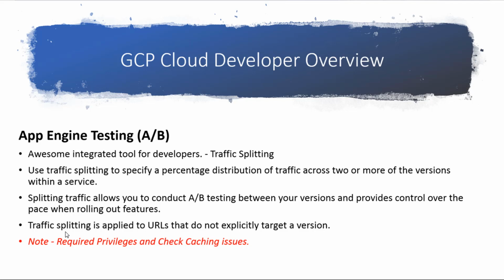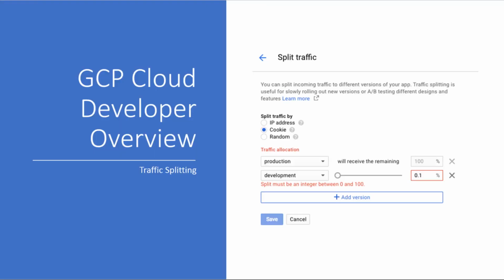Traffic splitting is applied to the URLs that do not explicitly target a version. One of the things to be aware of is that you need to have required privileges for this. And you want to look at the caching issues that can come out of this. This is how we could, again, split our traffic.